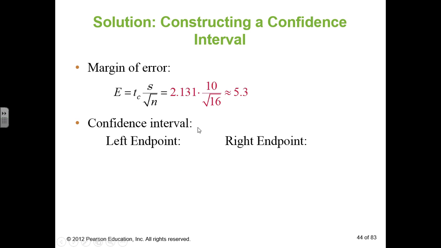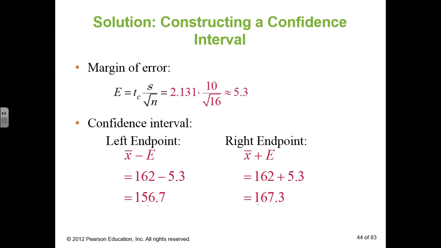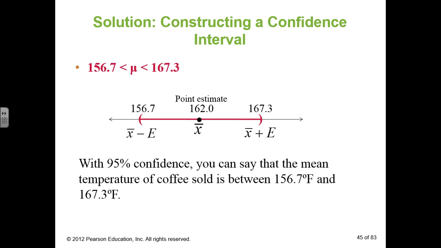Add and subtract that value from the sample mean of 162, and we get a lower limit for our 95% confidence interval of 156.7 and an upper limit of 167.3. So we think the average temperature of all coffee shop coffees is somewhere between 156.7 degrees and 167.3 degrees with a 95% confidence, right?